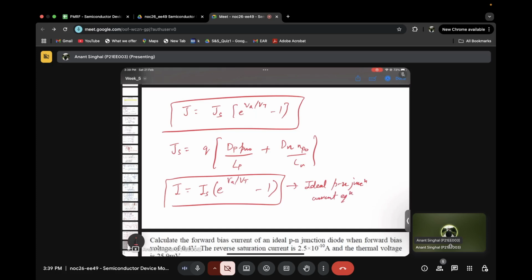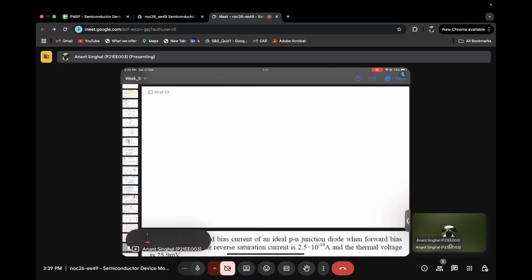And we have already established that this is exponential in nature, as you can see by the mathematics. So if I try to plot this, in the forward bias, after a certain on voltage, this is exponential, and in reverse bias, it looks something like this. So this is what we call the reverse saturation current, that is the Is part.